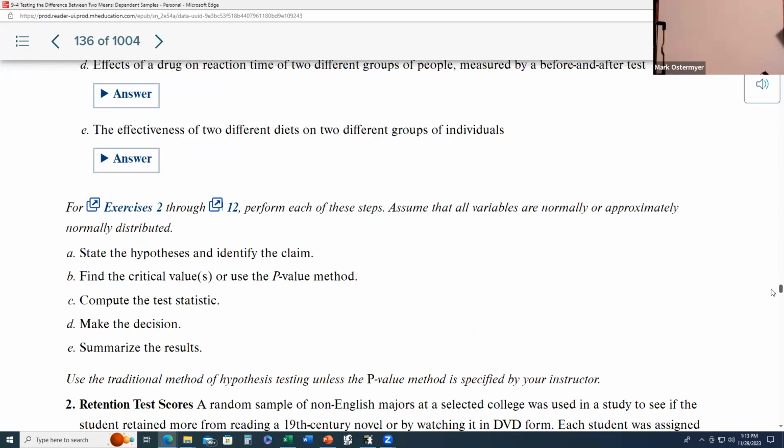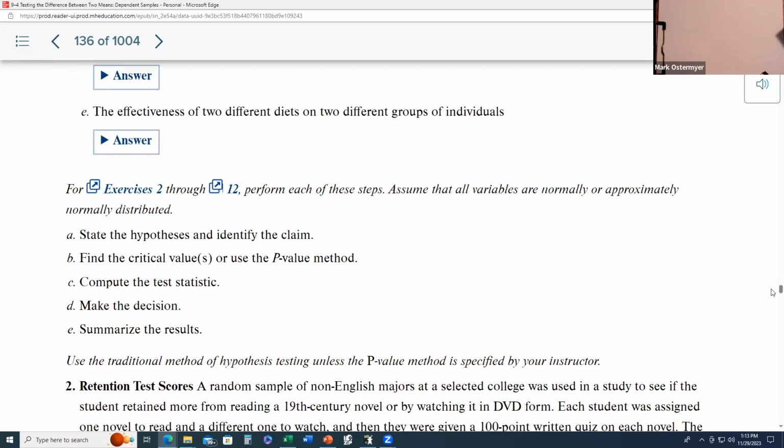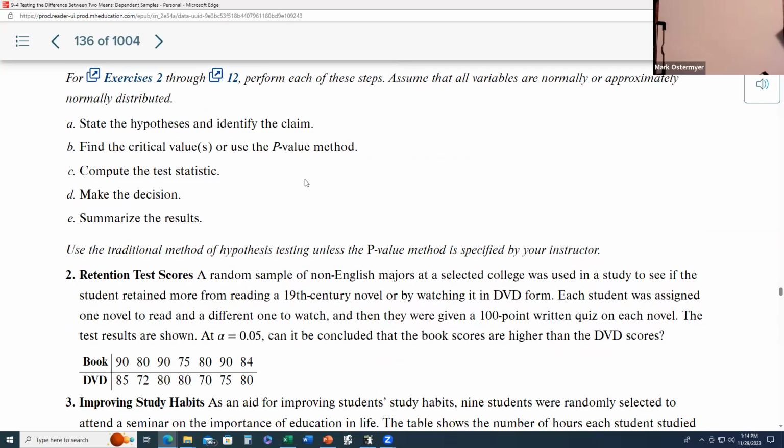All right, so I would like us to try a problem here. So we have 9.4. Let's see if we can dive into problem number 2 here. Now, for problems 2 through 12, notice all this stuff they want you to come up with. State the hypotheses and identify the claim.